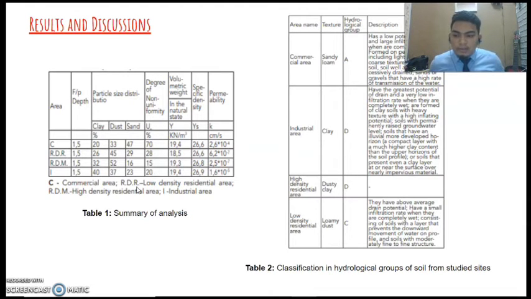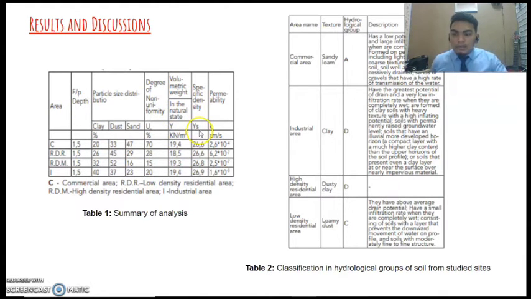Based on the result presented in table 1, which is this summary of analysis, they determined the following soil types: clay, dust, sand, for the commercial area, low density residential area, high density residential area, and industrial area. So in this result, we know the degree of non-uniformity; all the results are in this summary analysis table.